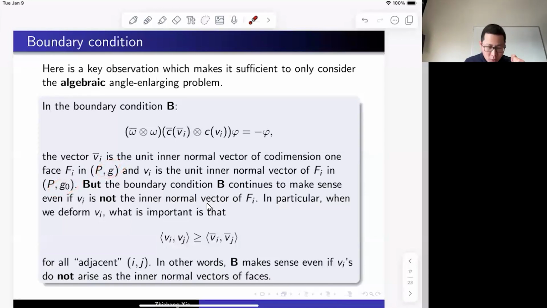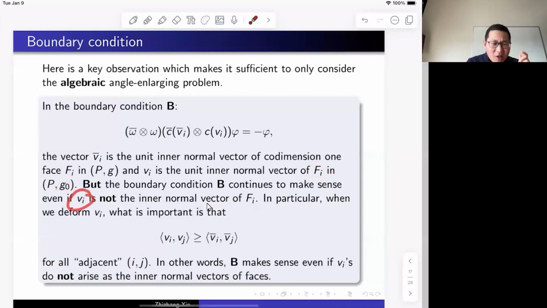Now, if you're really thinking about inner normal vectors of these faces, then we are really thinking about the shape, the geometry of the actual space. But it turns out that once you write down the boundary condition, it continues to make sense, even though the particular Vi is originally supposed to be the inner normal vector of the face Fi according to the original metric.